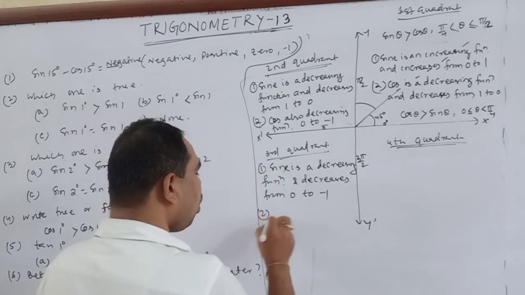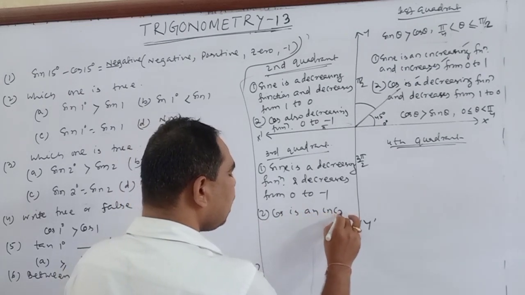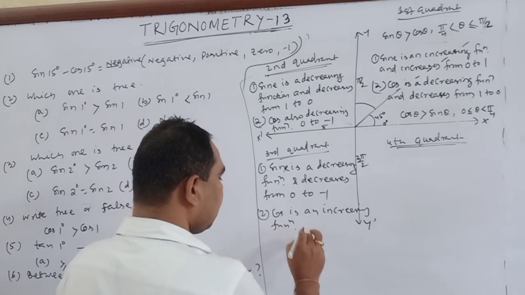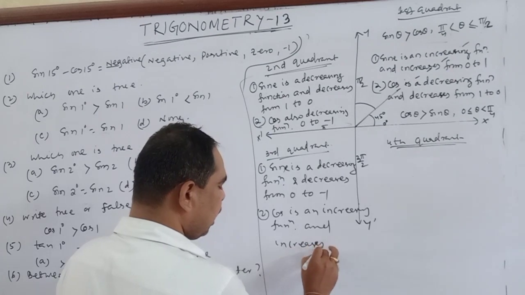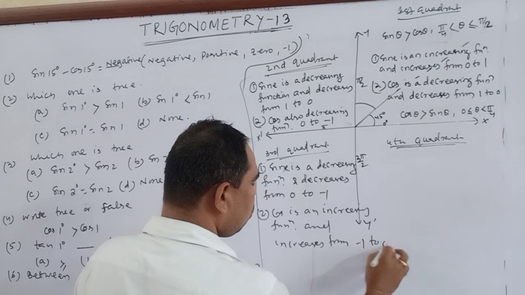But cos is an increasing function in third quadrant, and increases from -1 to 0.